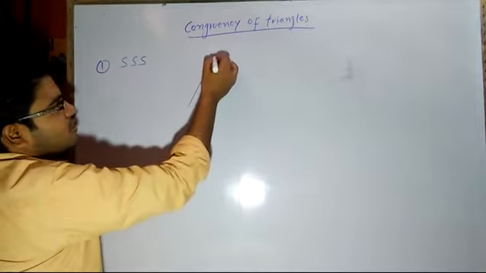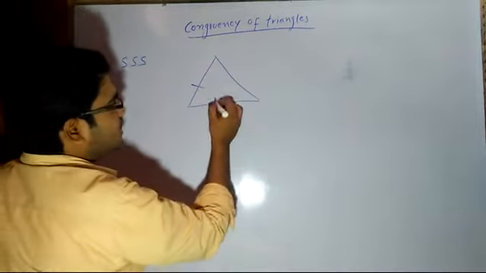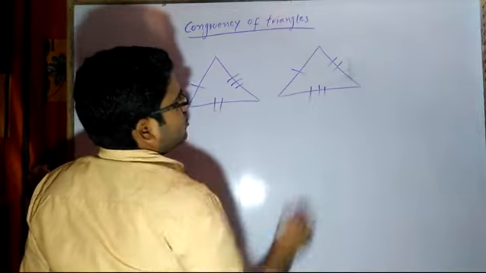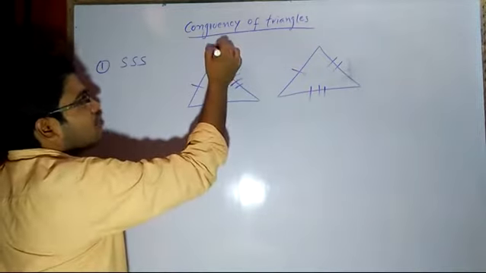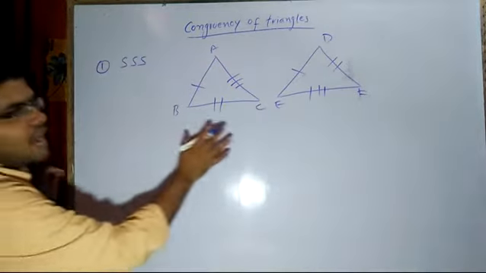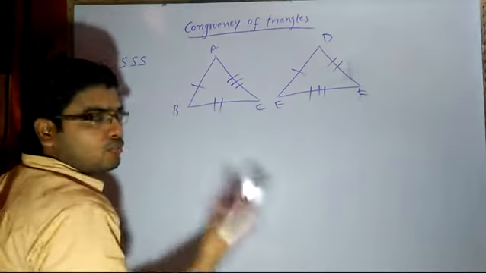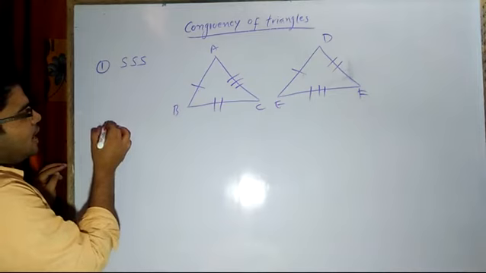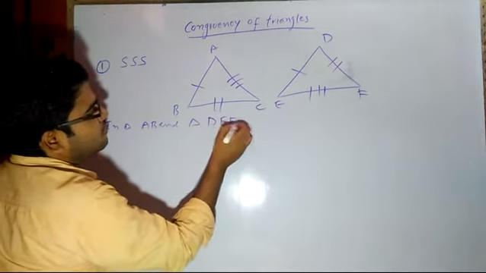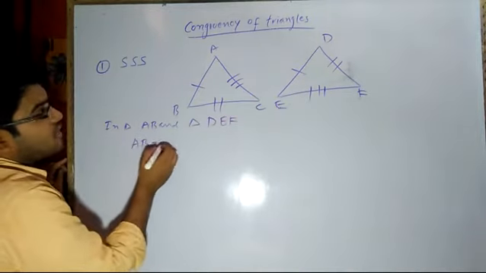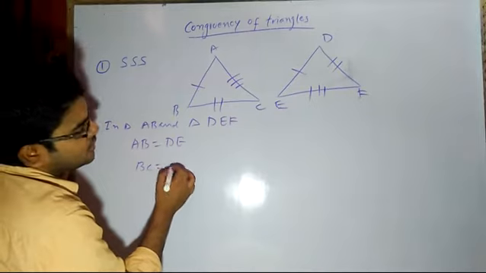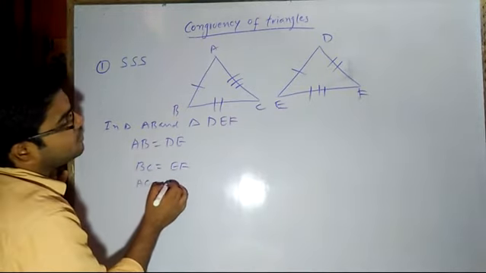For example, if I have one triangle with one side, this is the second, this is the third side, and the same I am having, 1, 2, 3, in these two triangles, A, B, C, D, E and F. To prove whether these two triangles are congruent or not, we can say in triangle ABC and triangle DEF, AB is equal to DE first, second BC is equal to EF, third AC is equal to DF.